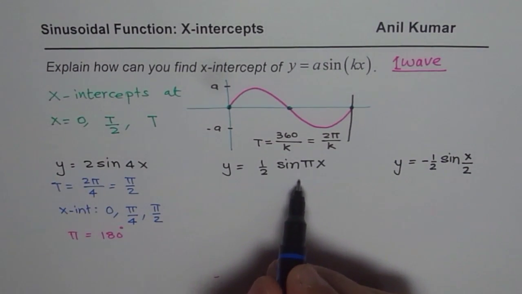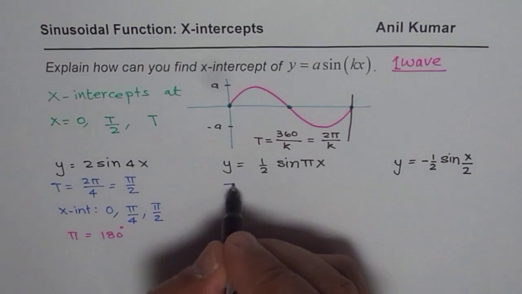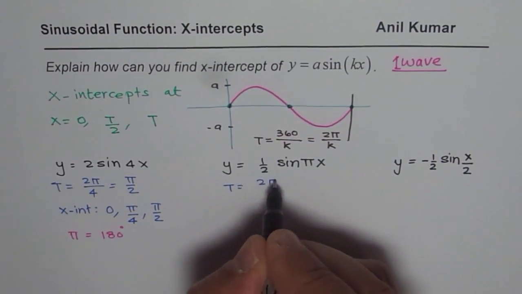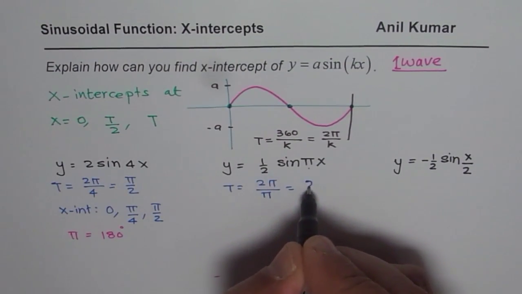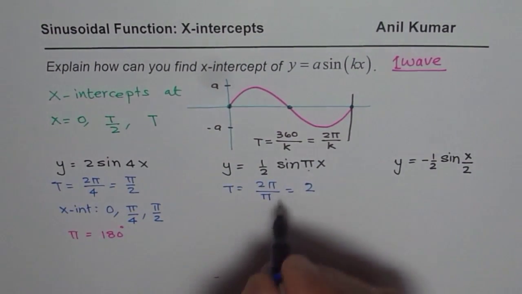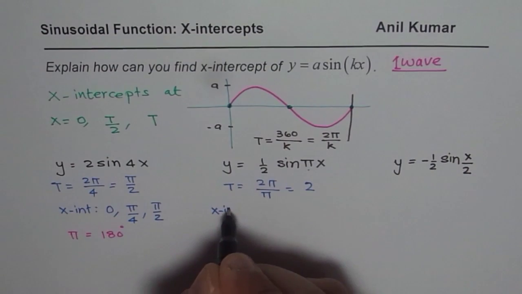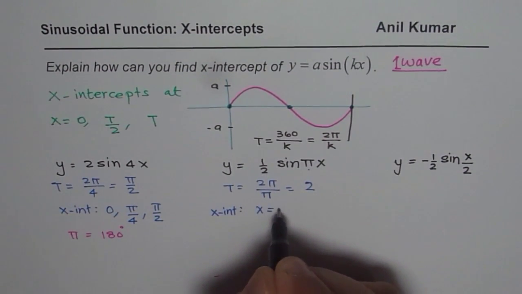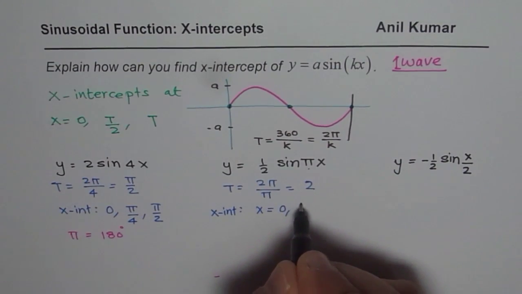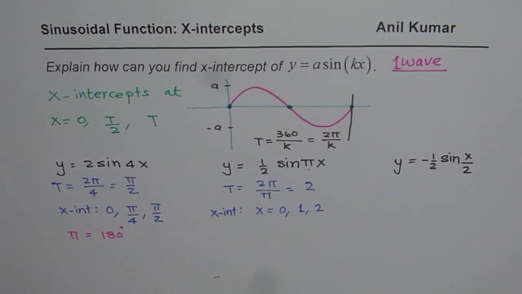Since pi is given, we'll work in radians in this case. Time period will be equal to 2 pi by the k value, which is pi. So the time period is 2 for us. Do you see? Time period is 2. And therefore x-intercept will be at x equals 0, half of 2, which is 1, and at 2.